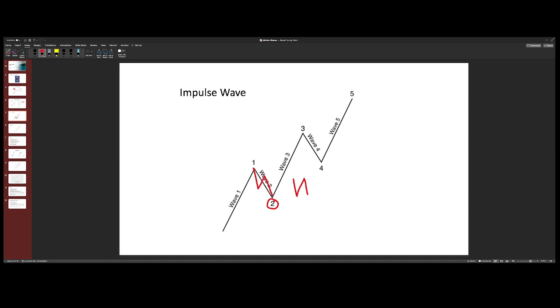We'll go into more detail in the next video about the corrective waves, but just know that in the wave 2 area, we'll have a flat, zigzag, or a combination of the two. In wave 4, it's a little bit different. Wave 4 always subdivides into a zigzag, a flat, or a triangle.